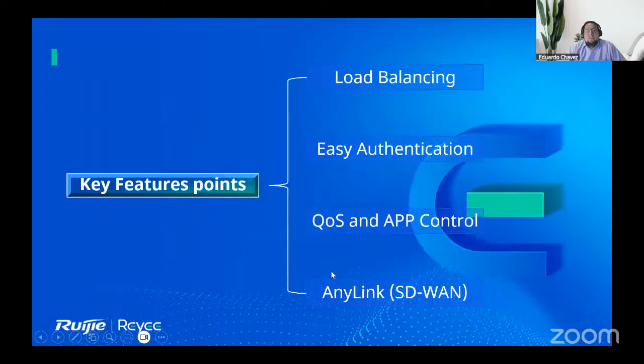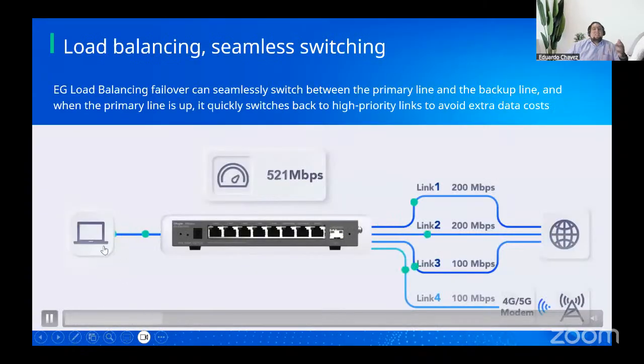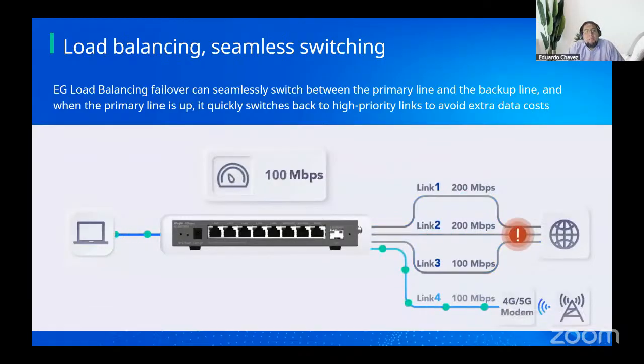One of the key features are the load balancer, easy authentication, the QoS and app control, and the SD-WAN. I'm going to start with the load balancing. As you can see on the screen, this is just an example of how you can configure up to 4 links. In this example we can go up to 600 megabits per second, in which the first link has 200 megabits, the second the same, and the third the same.